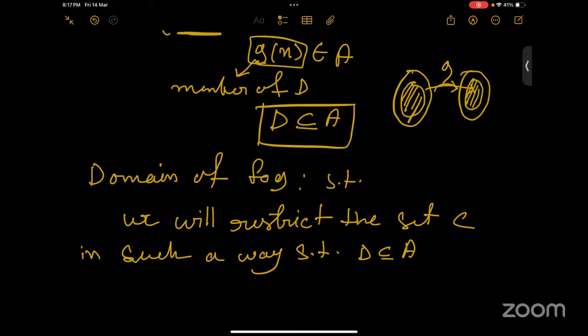So we can restrict our domain in such a way that this smaller set becomes a subset of A. Whenever we have to find the domain of the composite function f compose g, we always have to restrict the domain of g in such a way that the range of g becomes a subset of the domain of f. Clear? If you have any doubt, you can ask.